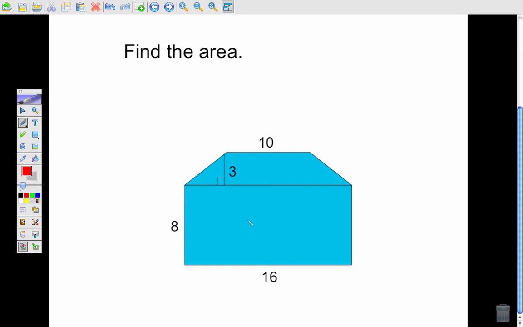And the last one we're going to do as an example is a combination of two shapes. You can see we have an irregular shape here, so we can't use a straight-up formula to figure it out. So we're going to divide this into two pieces. If I look at it this way, I'm going to look at this shape first.